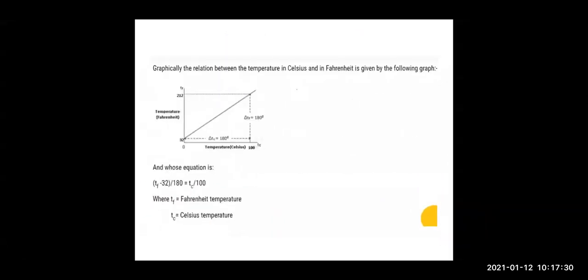Now children, if you want to draw a graph of temperature in Fahrenheit versus temperature in Celsius. We know that in Fahrenheit, the lower fixed point is, sorry, 32 degree, right? And the upper fixed point is 212 degree, right?